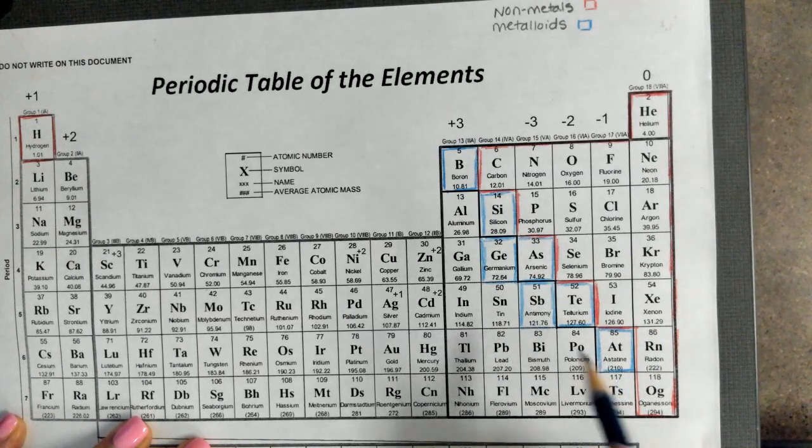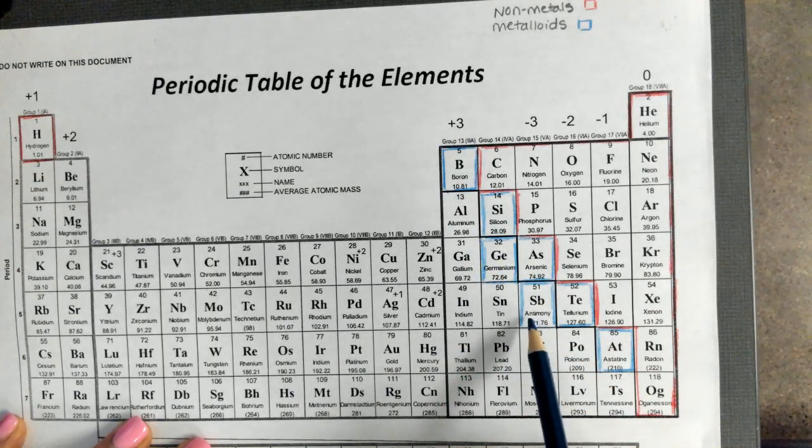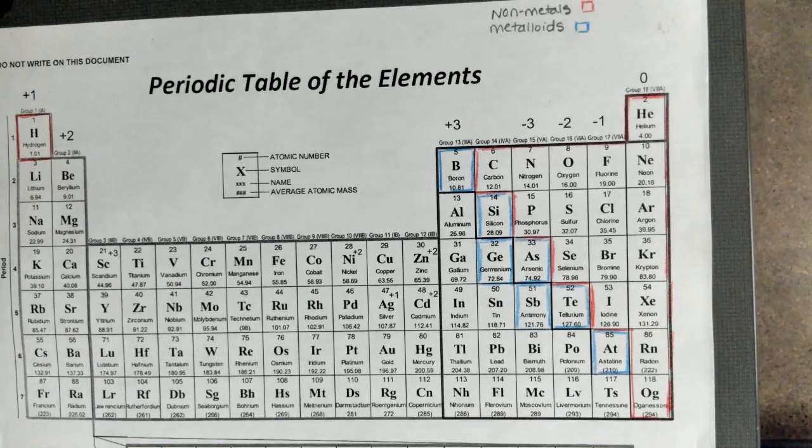Okay, so we should have 1, 2, 3, 4, 5, 6, 7 metalloids. And those are all in blue.